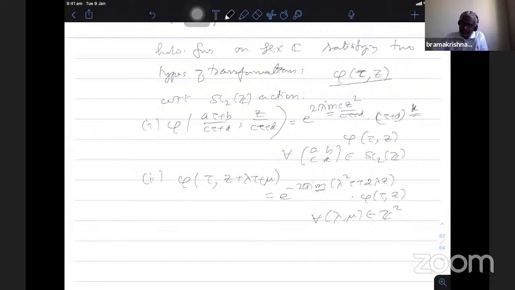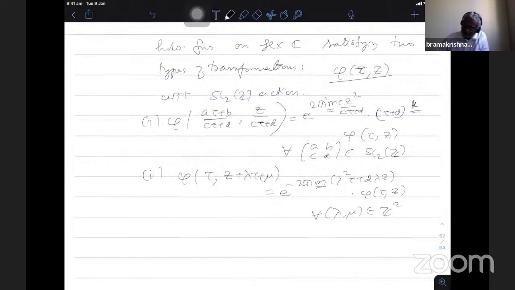Therefore, if you take a holomorphic function, with respect to SL2Z matrices, it has a transformation like this. It is not an artificial one; we will see that it comes very naturally. The second one is with respect to the lattice. It has this particular transformation, and the third condition is that it has a Fourier expansion, sum of c(n, r) e power 2 pi i (m tau plus r z), where n are integers, r square less than or equal to 4nm.